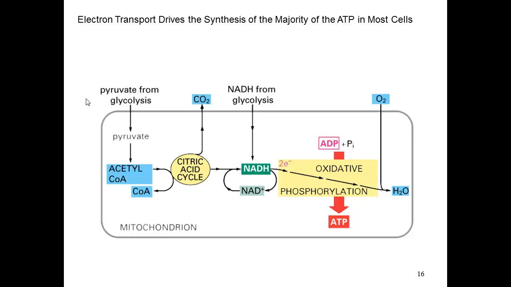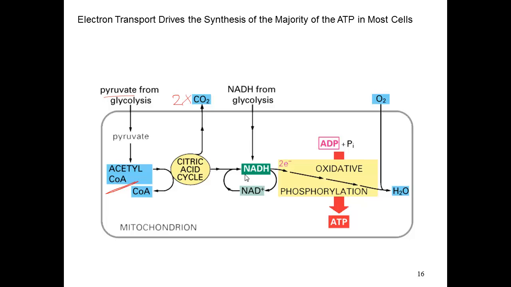So here we have an overview of what we've covered today. Glycolysis out in the cytosol, producing pyruvate from glucose molecules, being transported into the inner mitochondrial matrix, where pyruvate is converted to acetyl-CoA. It's co-opted into the citric acid cycle, in which the 2 carbon molecules present in acetyl-CoA will be released as 2 molecules of carbon dioxide.